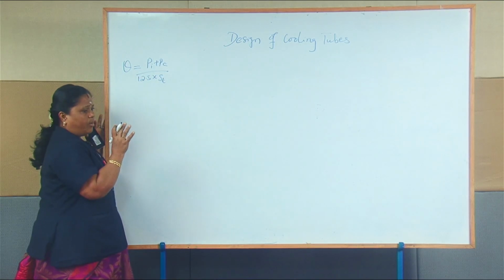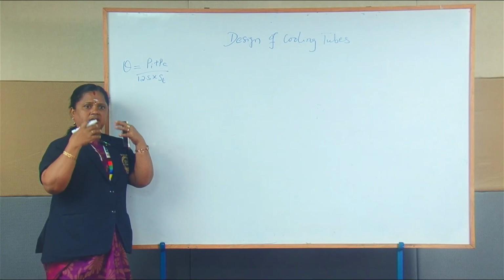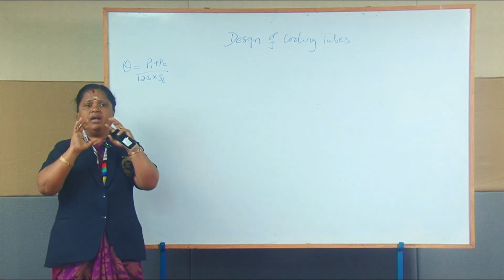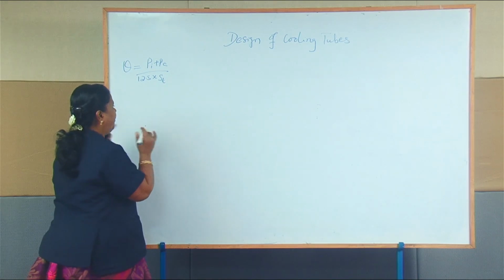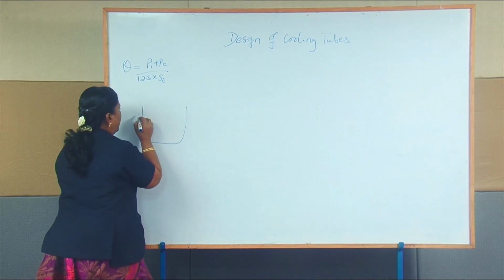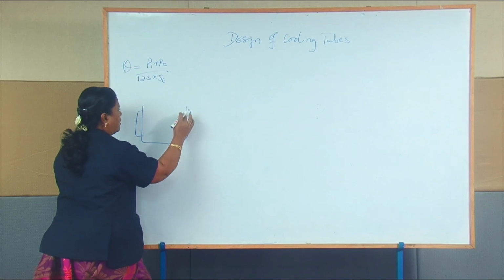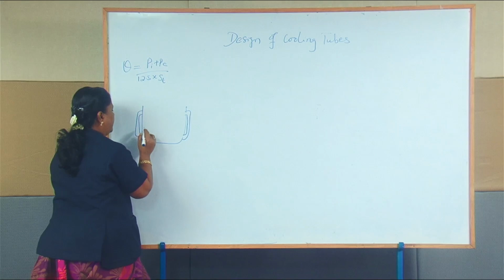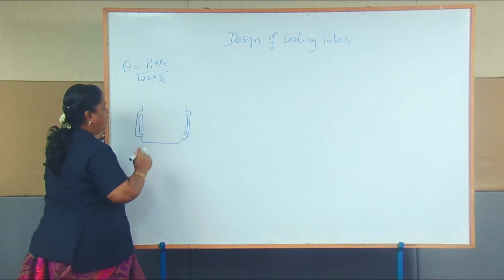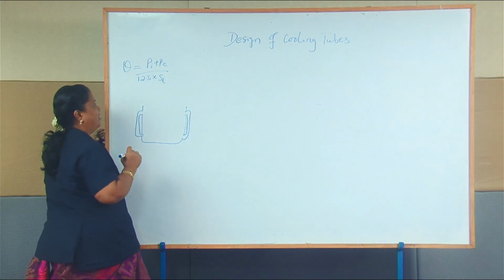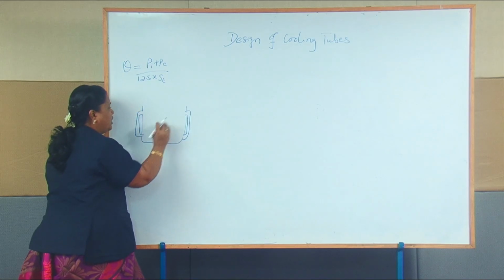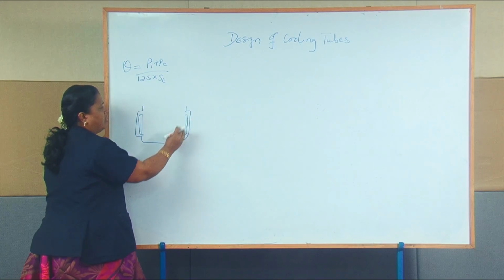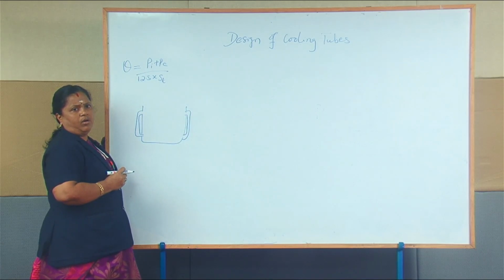Now, when cooling tubes are added to the transformer tank, definitely they are going to occupy some portion of the tank surface, isn't it? The area of the tank we have assumed as St, right? So, this cooling tube will occupy X portion of the wall of the tank, right.